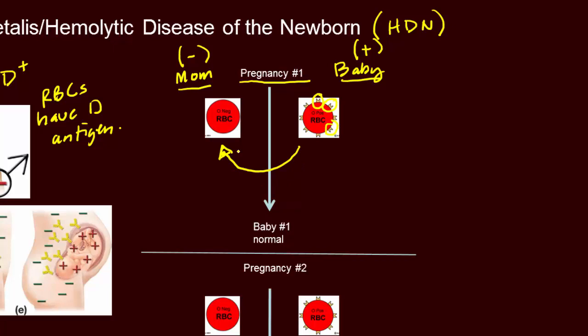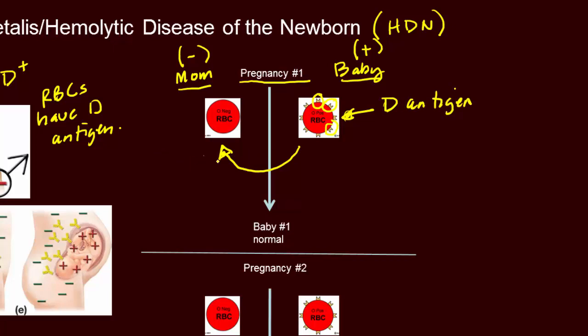So normally throughout the pregnancy, all nutrients are passed from the mother to the baby or from the baby to the mother through diffusion. There's no direct contact of the baby's blood with the mother's blood, or of the mother's blood with the baby. However, during birth, if the baby's blood cells get into mom's circulation, mom will see the baby's D antigen.